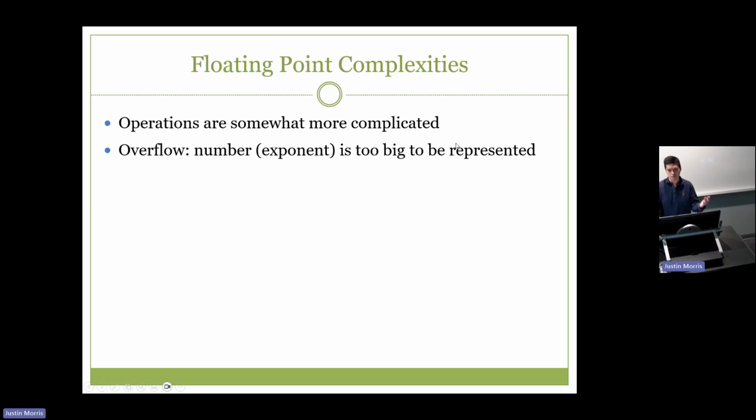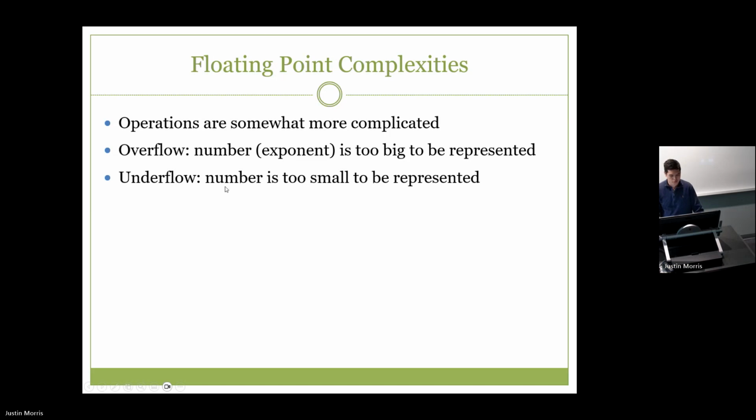If my 8 bits of exponent are not enough to represent where that floating point needs to be, then I have overflow. And I also have underflow when the number is too small to be represented. It needs to be so close to 0 that, again, my 8 bits of exponent are not enough to represent that 2 to the power of the negative number, and then we have underflow.